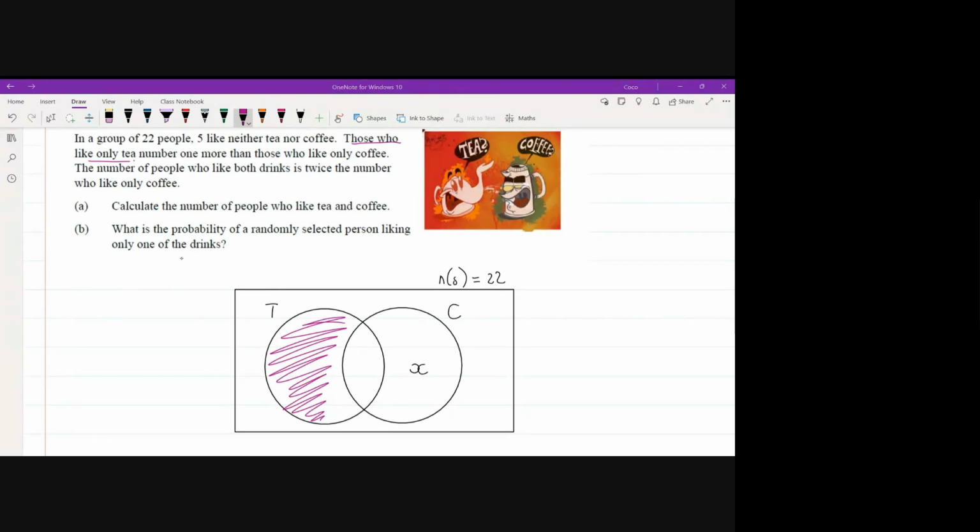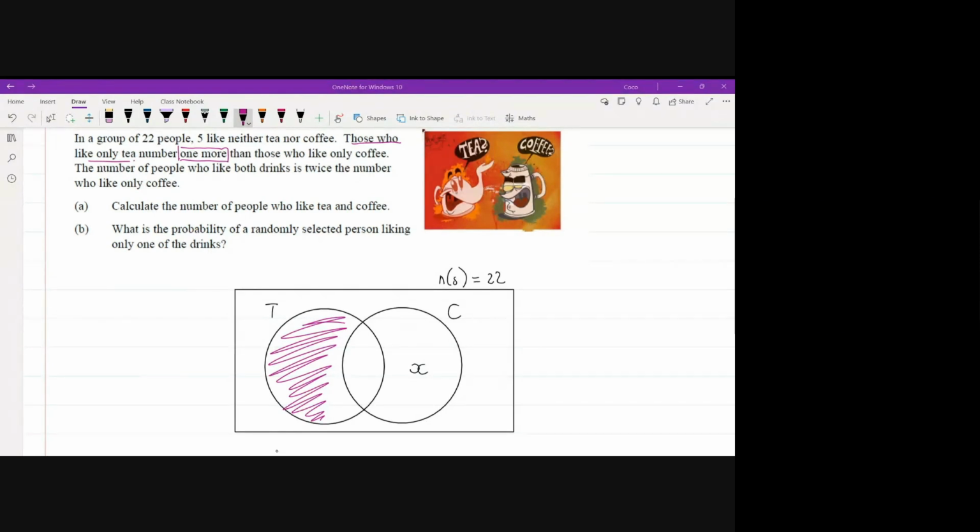Lovely. Now the question says, those who like only tea number one more. What does one more in mathematics mean? Plus one, correct.